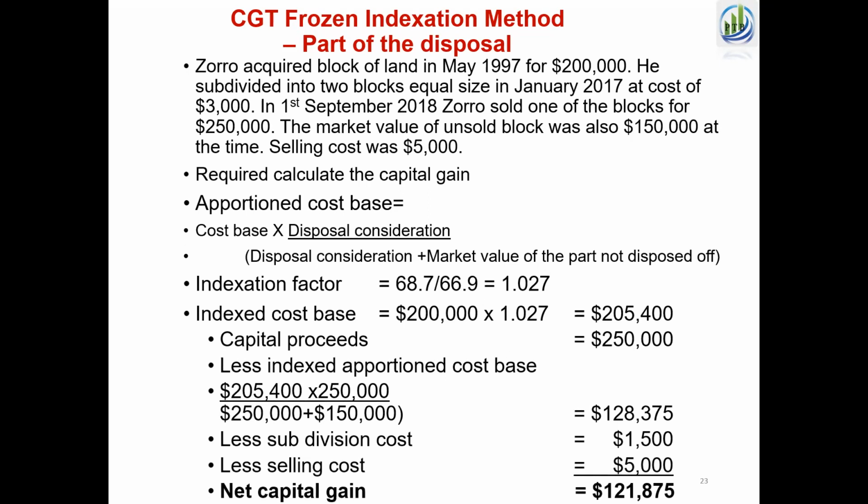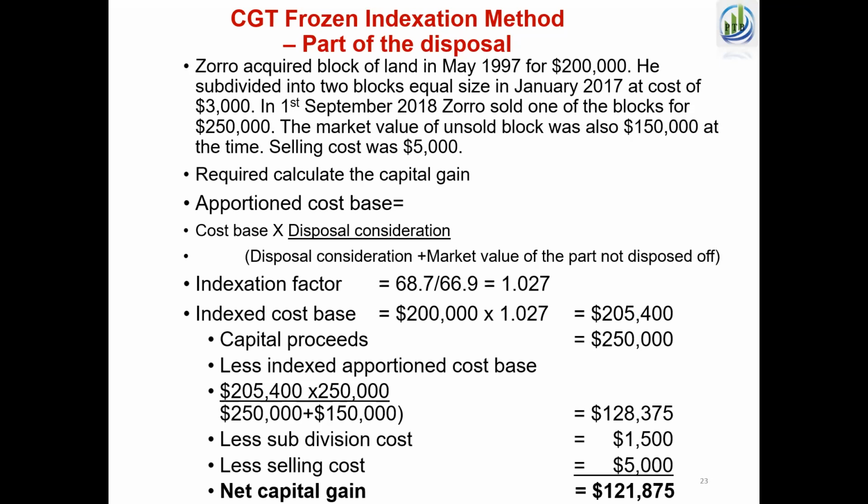So what are we doing here? Last time your land cost 200,000. This time your land cost 205,400. The rest of the calculations are the same, right? Nothing changed. So the only thing you are doing is your indexed apportionment of the cost. Previously you did the land cost 200,000. Now you are going to do the land cost 205,400.